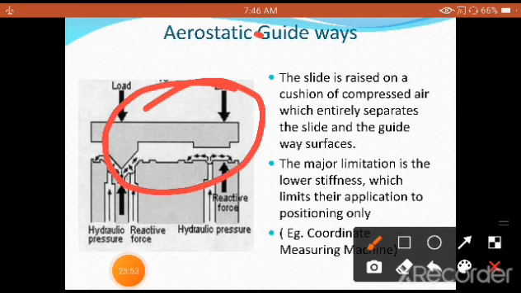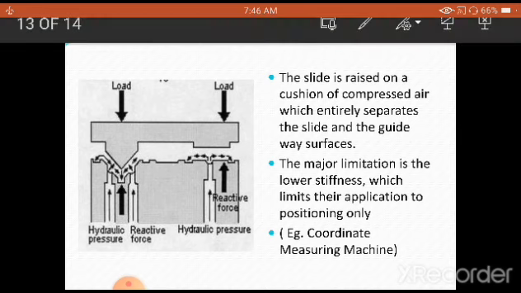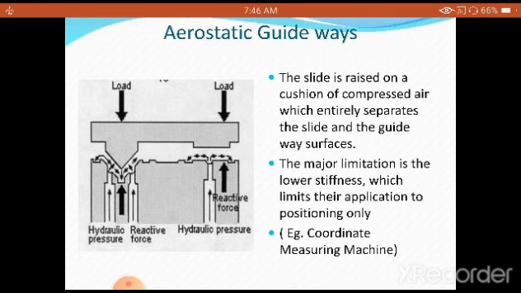The word is aerostatic because we are going to use air as the medium for providing the motion to the moving element of the guideways. That is why it is called an aerostatic guideway. The working principle remains the same. In place of oil, we are going to have air pressure here.